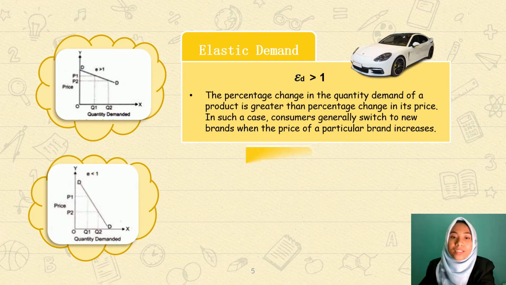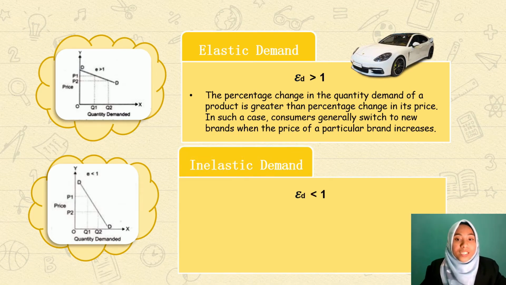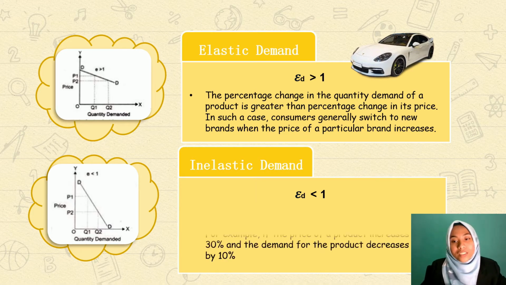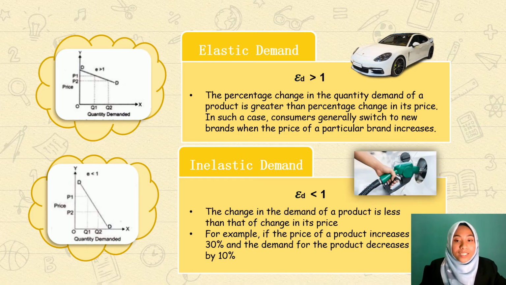Okay, next, inelastic demand. The keyword is the numerical value of elasticity of demand is smaller than 1. The change in demand of a product is less than the change in its price. For example, if the price of a product increases by 30% and the demand for the product decreases by 10%.